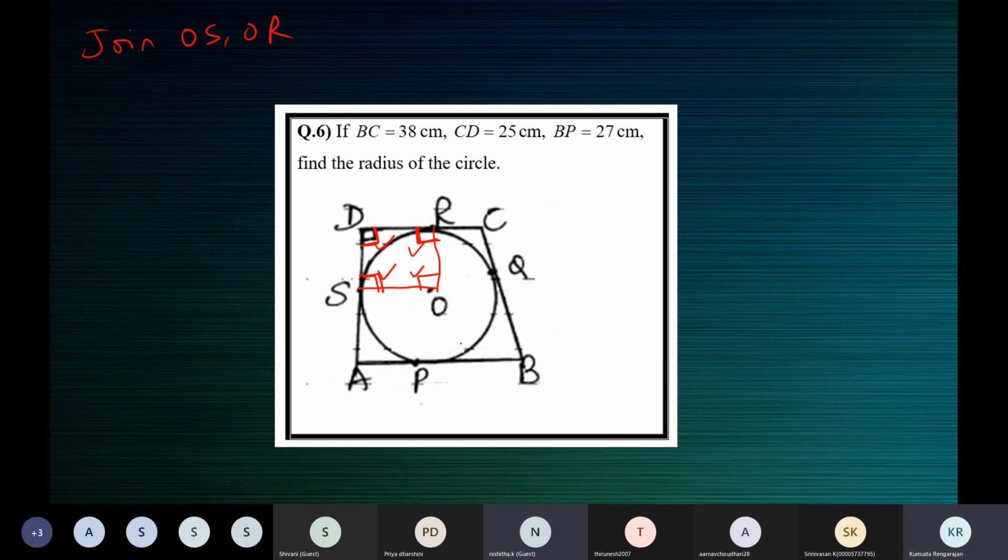So what do you call a quadrilateral in which every corner is a right angle? A rectangle or a square? It's a rectangle or a square. A quadrilateral in which each angle is a right angle is a rectangle.